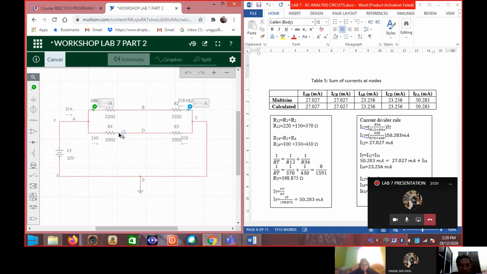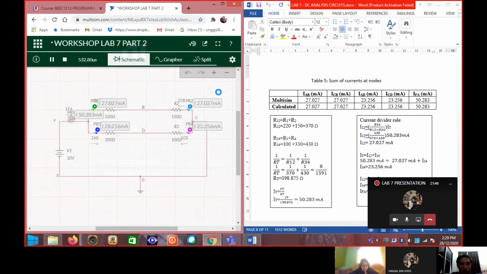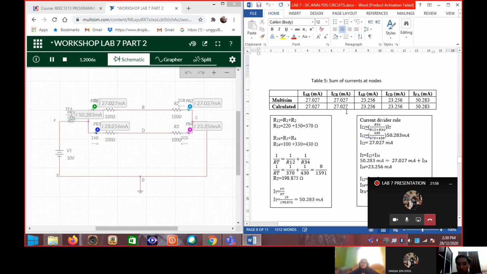AD is here, CD is here, and FA is here. This is the value that we get, and we tabulate the data in this table. Also if we calculate it manually using the theory, we get the value in the calculated section.